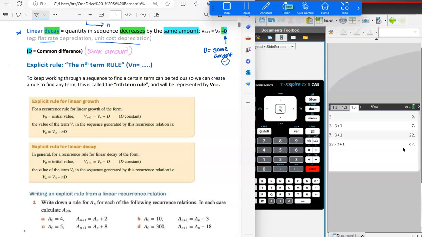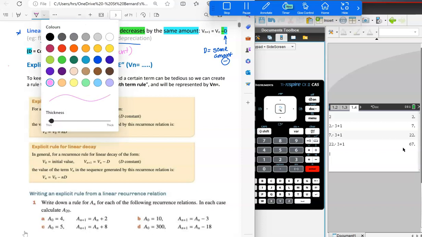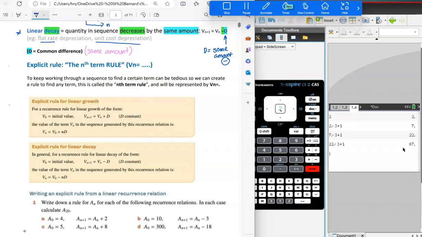But say like simple interest, say I'm getting it daily. I don't want to know after 300 days. I don't want to have to keep on going. So what we do is we create an nth rule formula, and that allows us to get the value at any time.